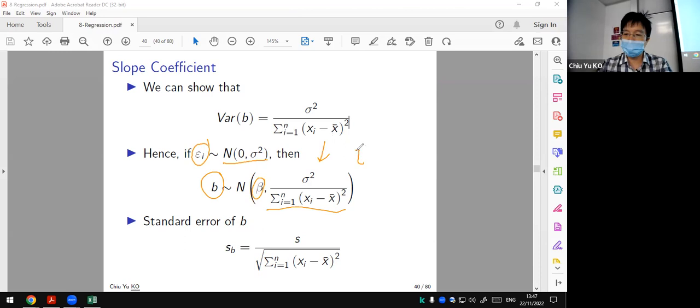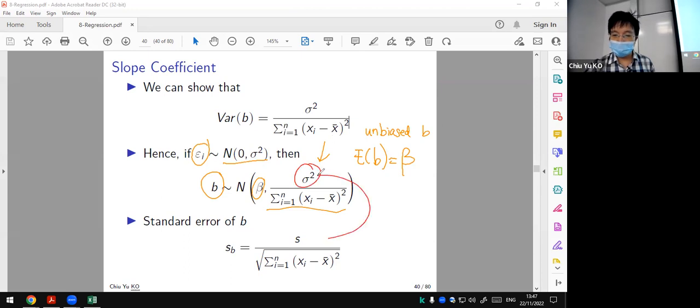The expected value is unbiased. Remember this: B is an unbiased estimate of beta. And you never know this sigma, so you replace it by S, and take a square root. This is S_B. Is that clear?